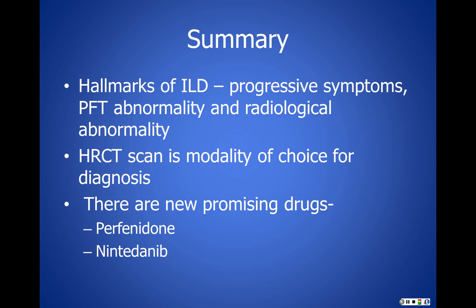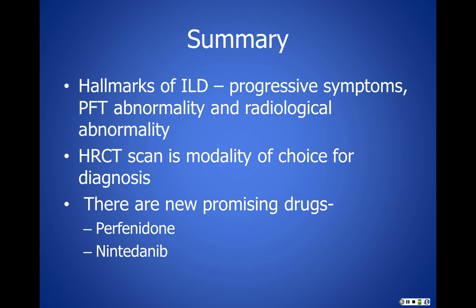So the hallmarks of ILD are progressive symptoms like shortness of breath, cough and dyspnea, PFT abnormality, mainly restrictive abnormality and DLCO, decrease in the diffusion capacity of carbon monoxide, and radiological abnormality. And take-home message is high-resolution CT scan is the modality of choice for diagnosis.